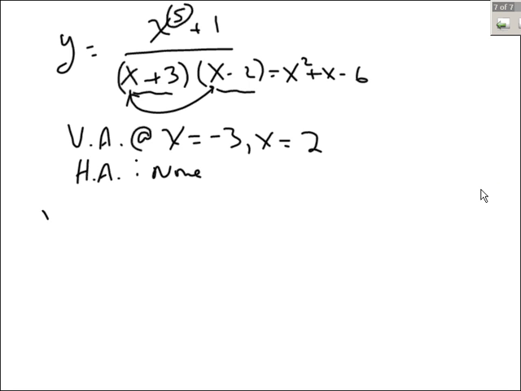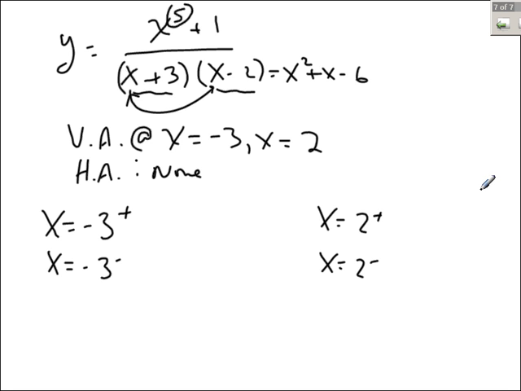Okay, now we look at the asymptotes. A little bit more than -3, a little less than -3. A little bit more than 2, a little less than 2. Well, we know that it's going to be infinity. Is it plus or minus?